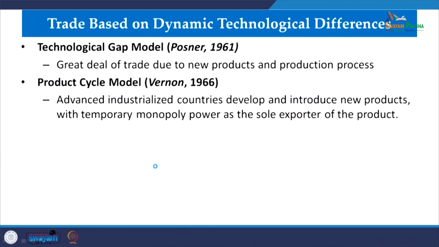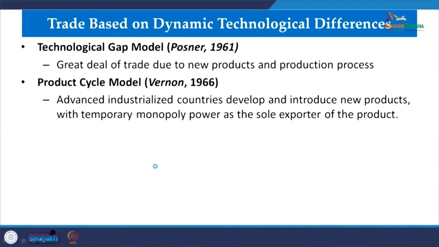It was by Posner in 1961. Posner emphasized the new product and the product process. Later on, after Posner, the product cycle theory came into the limelight, which emphasizes the innovator through the process to the adopters.